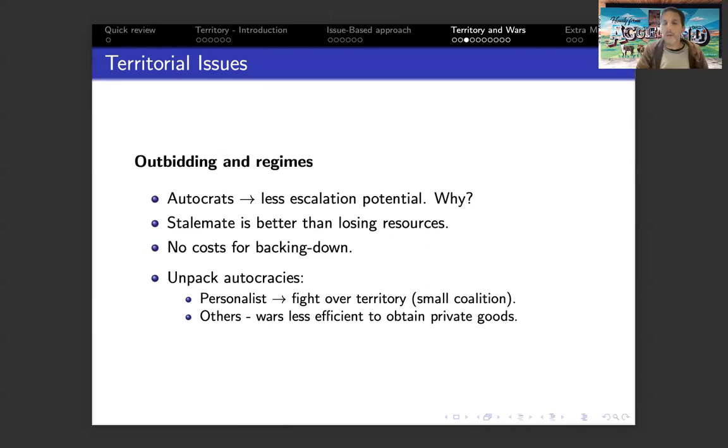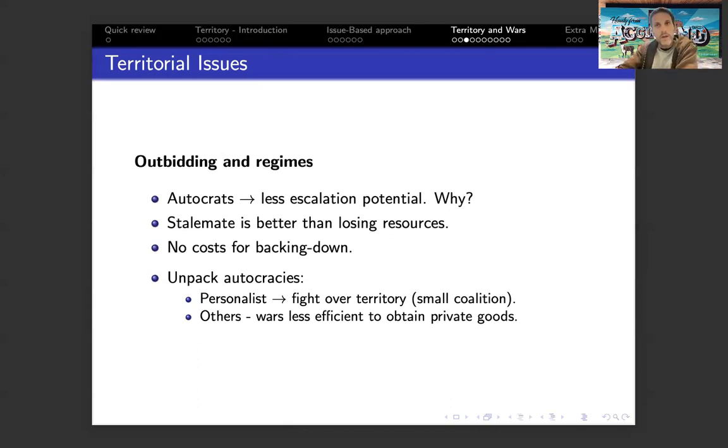But leaders of other types of autocracies, leaders of party-based autocracies or leaders of military councils, have a relatively larger winning coalition, therefore it's less efficient for them to try and win control over territory and provide it as a private good because there's a larger coalition.